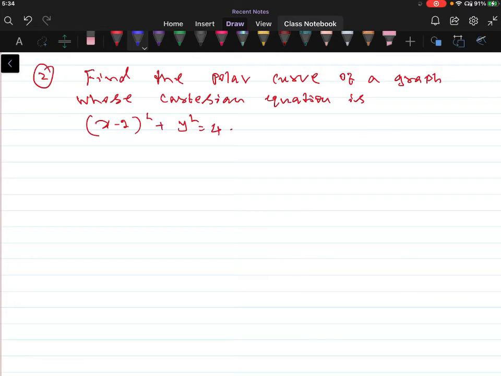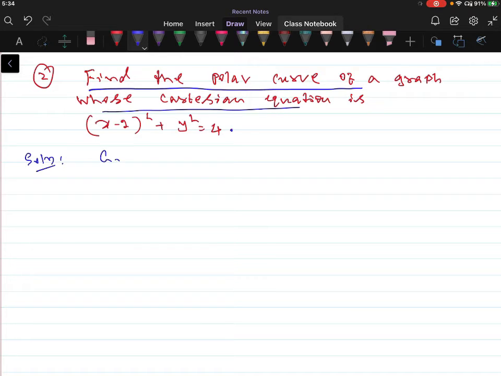Take another problem. Find the polar curve of the graph whose Cartesian equation is (x−2)² + y² = 4. Let us move to the solution. Again, you have to convert the equation from Cartesian to polar. So the given equation is (x−2)² + y² = 4, let us take it as equation 1.